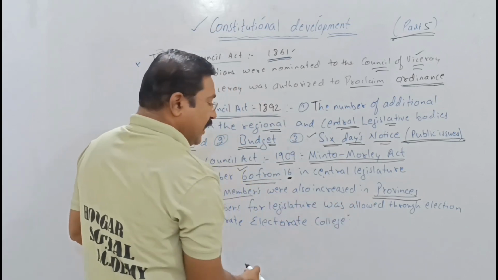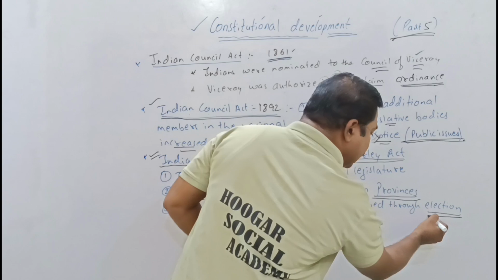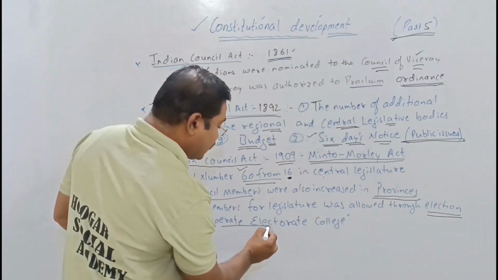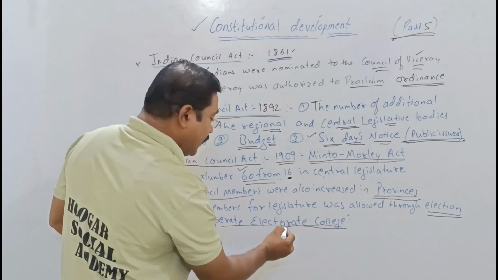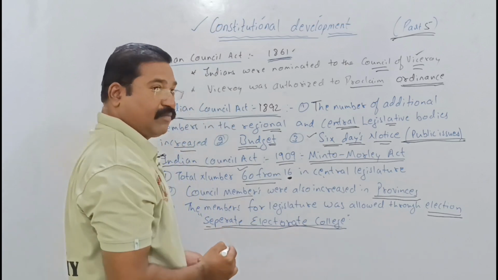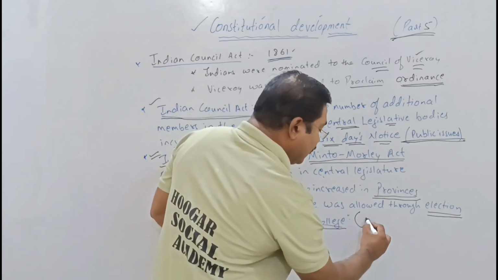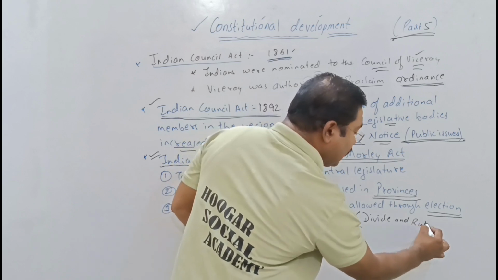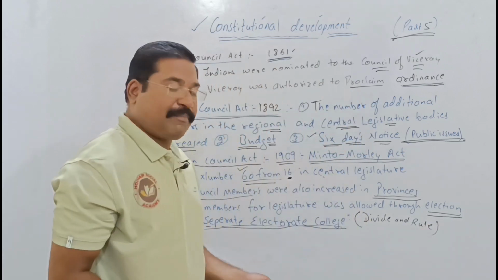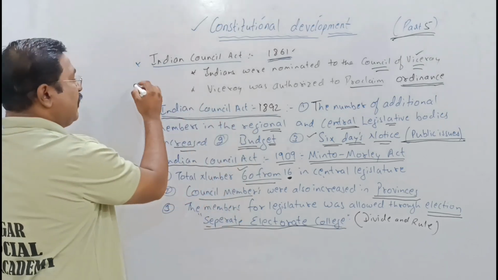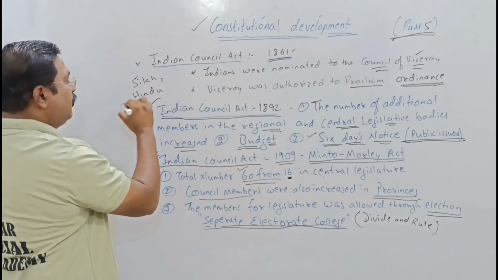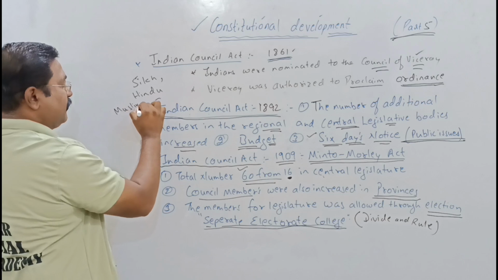Moreover, for the first time the word election was brought up, but elections in the form of separate electoral colleges and separate representatives. It was nothing but the British introducing their cunning divide and rule policy: separate electoral colleges in the name of Sikhs, Hindus, and Muslims.